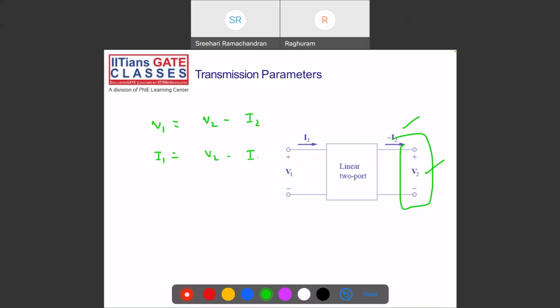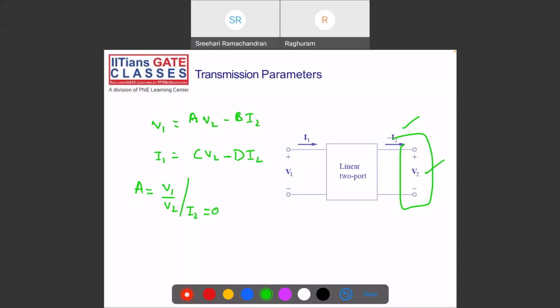Here we have A, B, C, D. I'll write V1 and I1 in terms of V2 and I2. So let's define each. A is equal to V1 by V2 when I2 is 0.